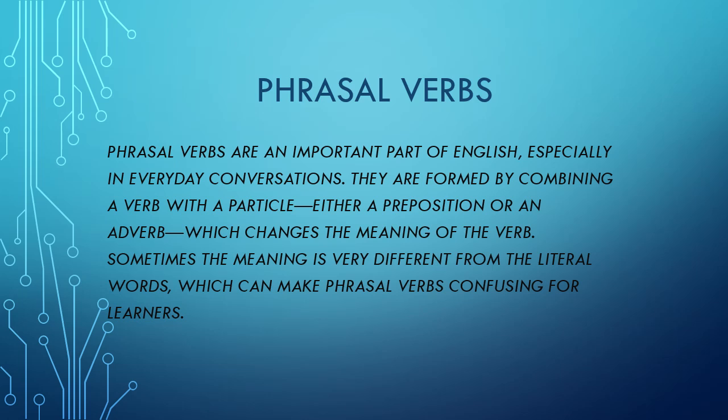For example, give up. Up is a particle and give is the main verb. Give means to give someone something, but when you add the particle, the meaning changes, all right? So give up smoking, for example, or I give up with this. I cannot handle it, all right?